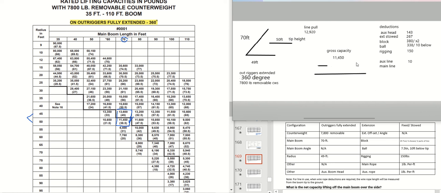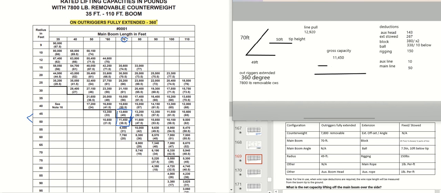So now let's go ahead. We know that we are going to have no line deduction at 11,450 pounds because we don't need that second part of the line to make that pick. So from tip to ground, we have 50 foot of tip height. So you deduct 1 pound a foot times your tip height. So 1 times 50 is automatically 50. Go ahead and add that.